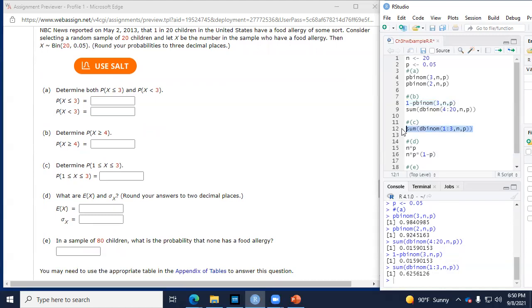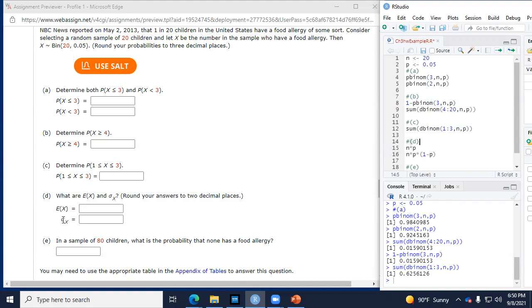And expected value, where you just use the formula directly to get the expected value. As long as you can extract what n is and what p is from this statement, you are good to go.